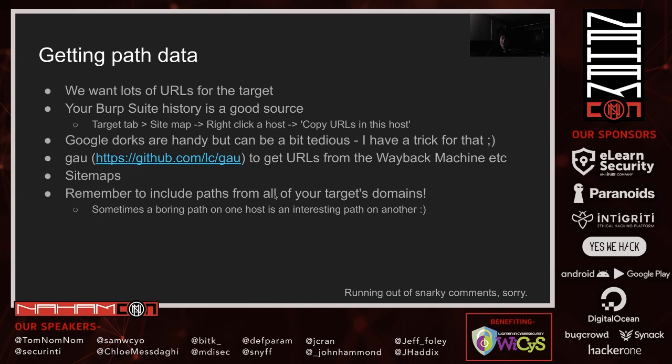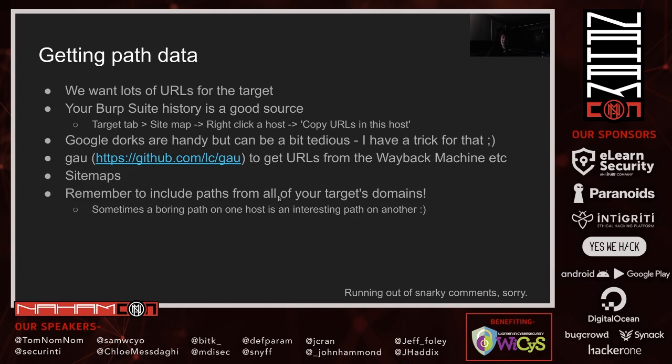And what I mean by that is, some companies will have different applications running on different domains, but running out of the same code base. So the code base can run more than one application. And sometimes you'll find that a path which is totally innocuous and does what it's supposed to on one domain isn't quite configured right to run on a different domain, but still responds.